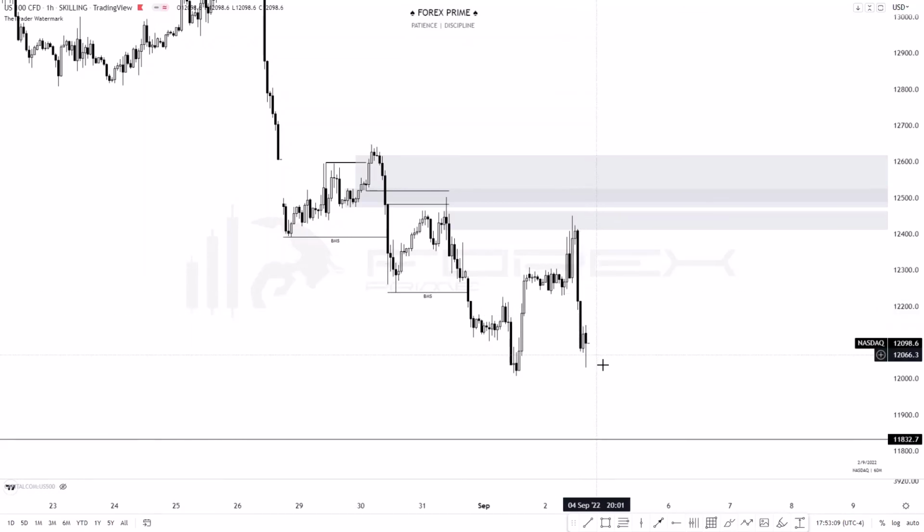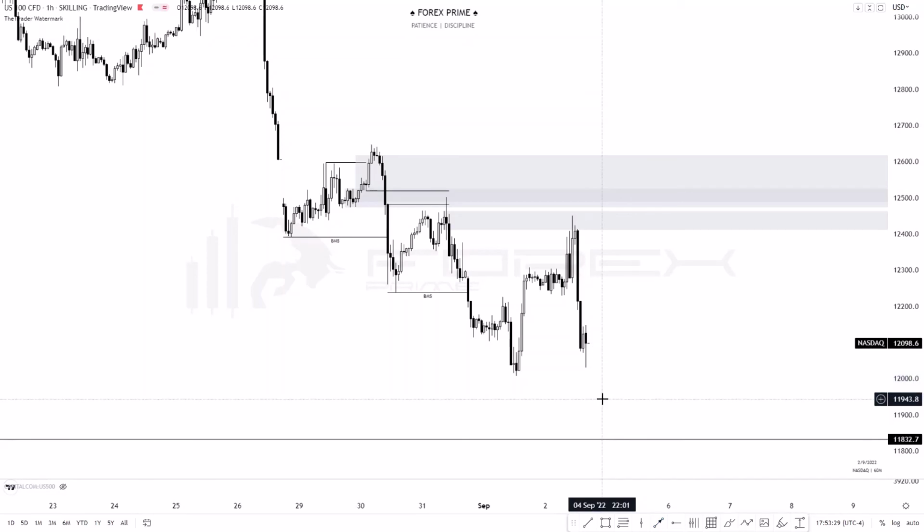So we might want to close in on that, to rebalance and then trade lower. However, we are close enough to take out the sell side liquidity.